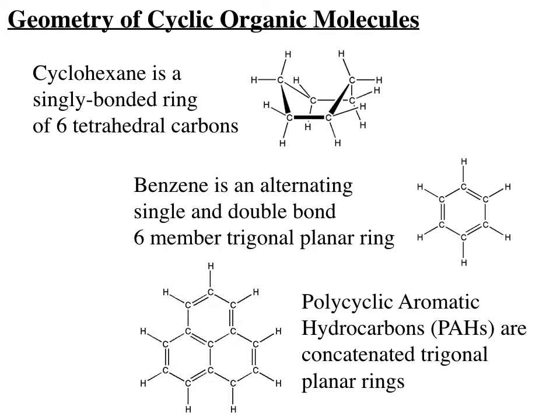Hex means 6 carbons. The special case of 6 carbons where they alternate single and double bonds is given a special name, and that is called benzene due to its traditional use in chemistry before its structure was understood. Benzene is 6 concatenated trigonal planar carbon atoms.